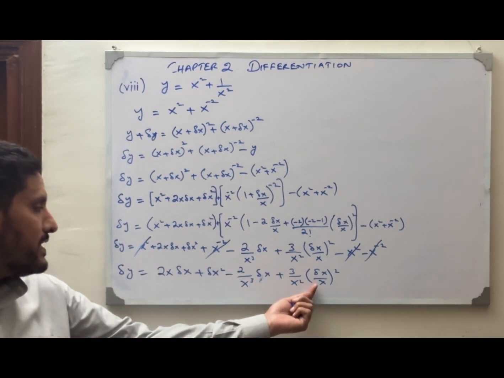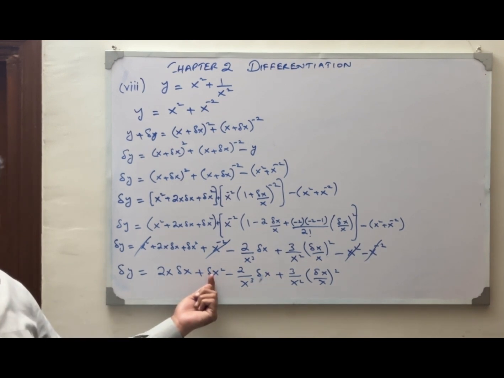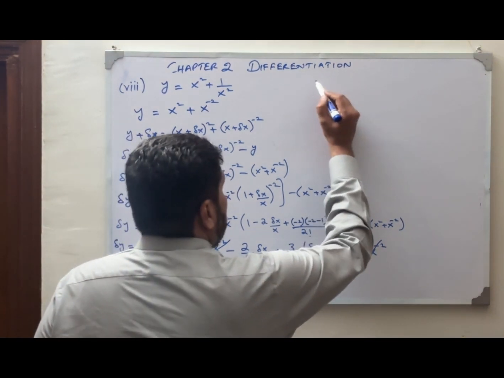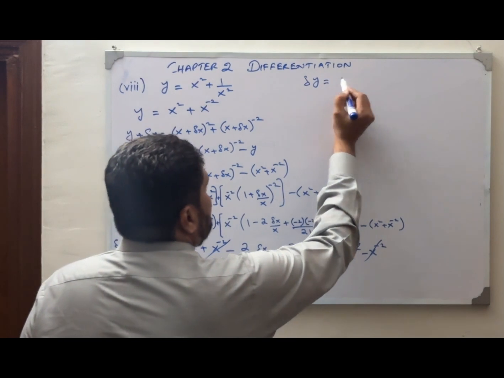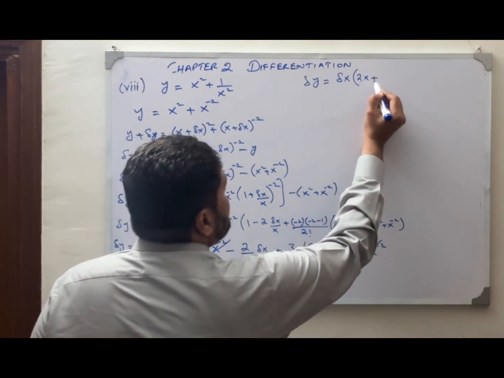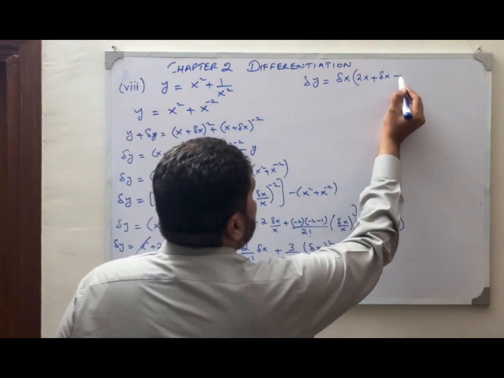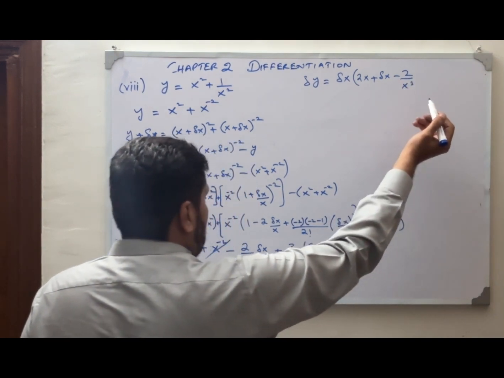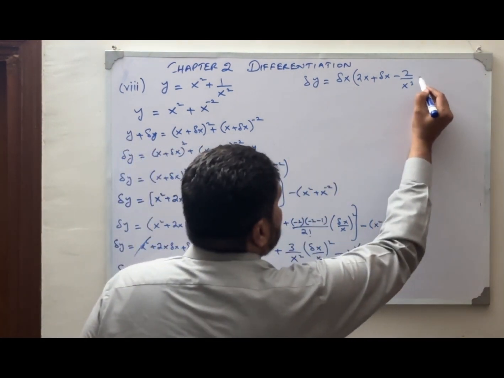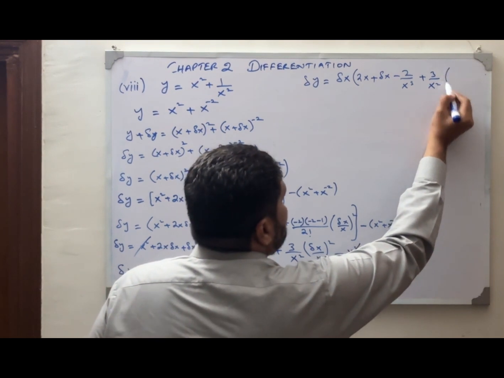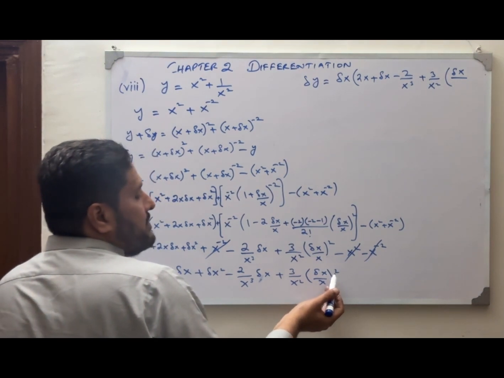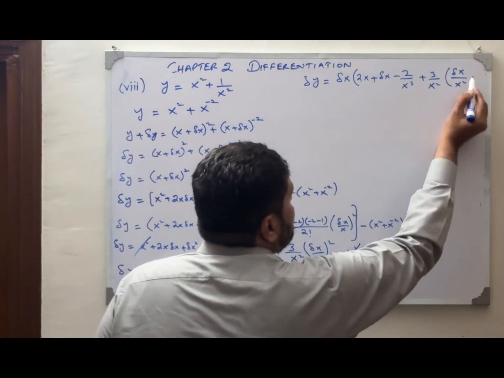So by simplifying, our delta y is equal to delta x common, then we have 2x plus delta x minus 2 by x cube, and for the last term we have 3 by x square into delta x divided by, as delta x is taken common, here we have a square of that, and in the denominator we have x square.